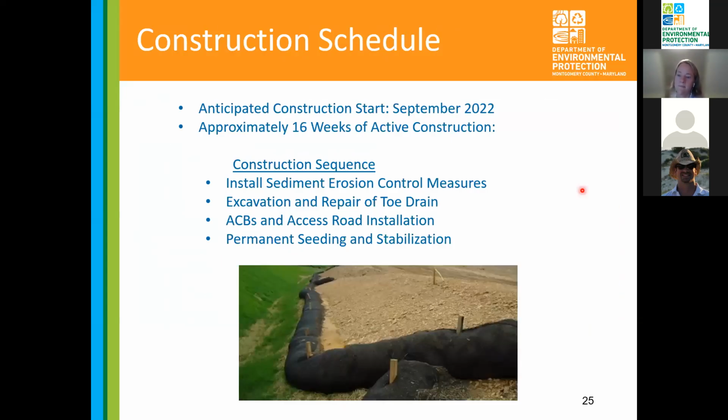But if we started in September, let's say the first, based on construction sequence, as Doug has this slide, we will be installing sediment and erosion control measures, and then do some mobilization and preparation work. That will take some time. So there's a good chance that the actual excavation and heavy construction will not begin until the October and November timeframe.